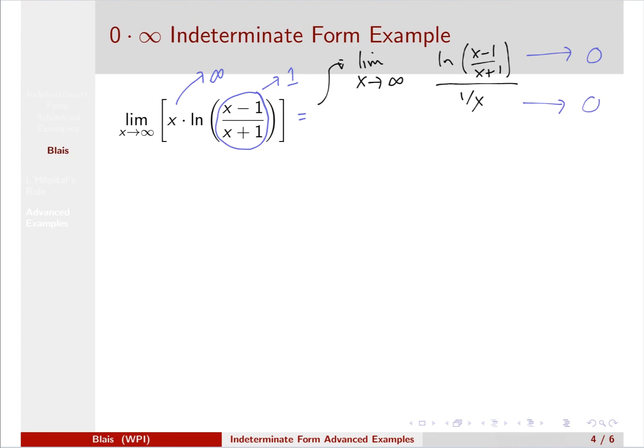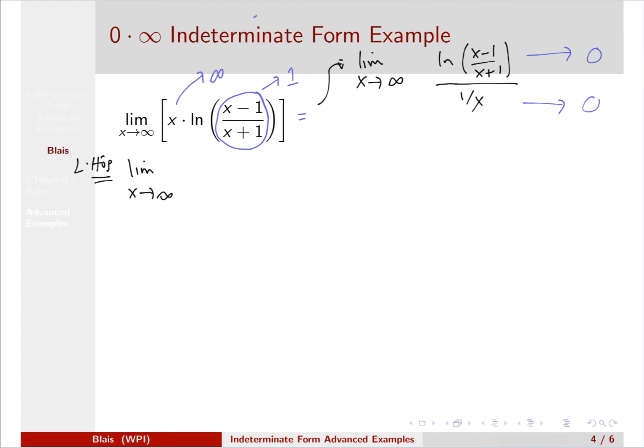So we have the 0 over 0 indeterminate form, and we can thus use L'Hopital's rule to say that this is the limit as x goes to infinity of the derivative of the numerator divided by the derivative of the denominator.